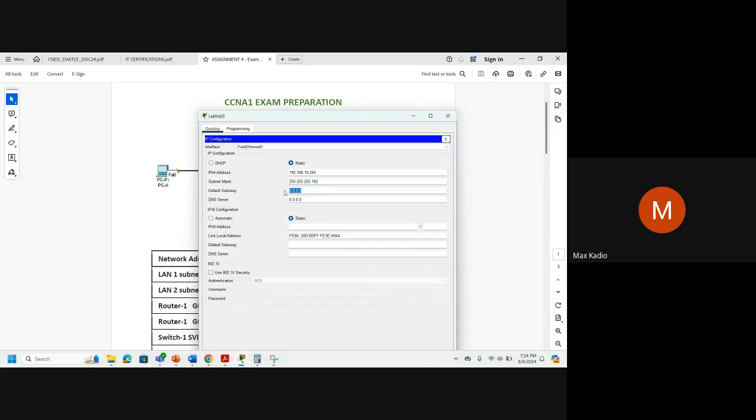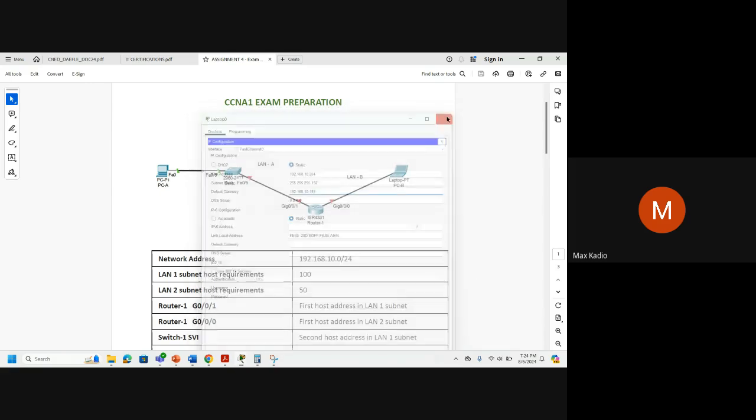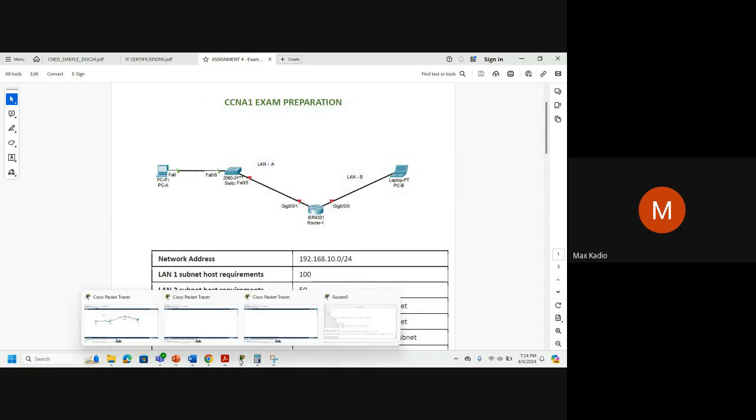Then you come here and you put, you take your time, make sure that everything's well done, you close. Now we go to configure interface.